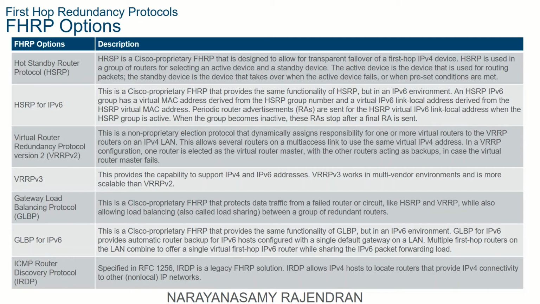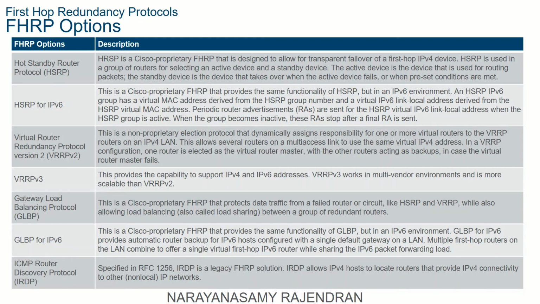In a group of device interfaces, the active device is the device that is used for routing the packets. The standby device is the device that takes over when the active device fails or when preset conditions are met. The function of the HSRP standby router is to monitor the operational status of the HSRP group and to quickly assume the packet forwarding responsibility if the active router fails. Our next topic is about HSRP, in which we will discuss HSRP in detail.